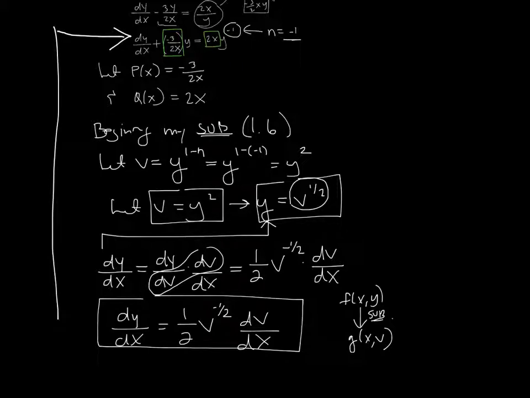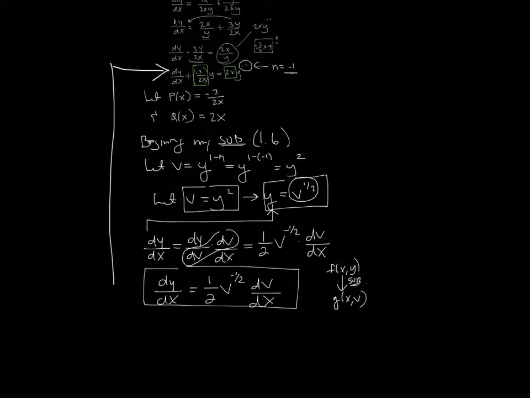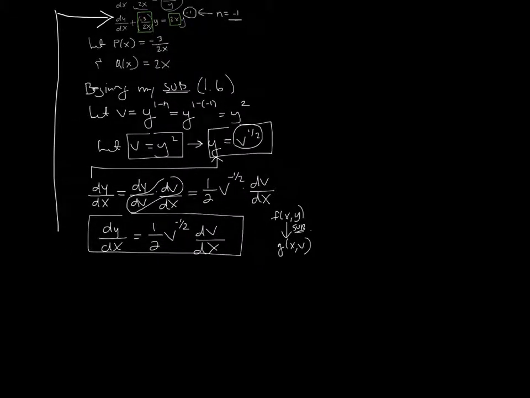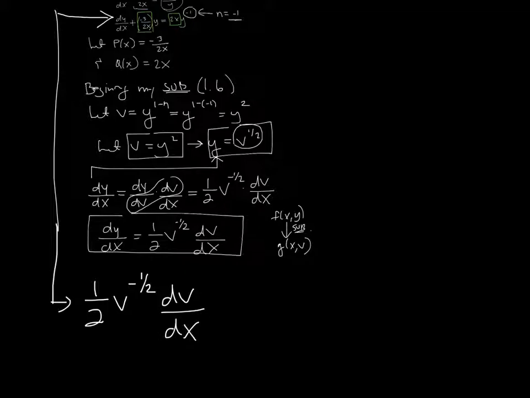Hopefully you can write that down, it's very, very small. Okay, so begin substitution. What is dy/dx? Well, it is right here in terms of v and x. So I'm going to write 1/2 v to the negative 1/2 dv/dx.